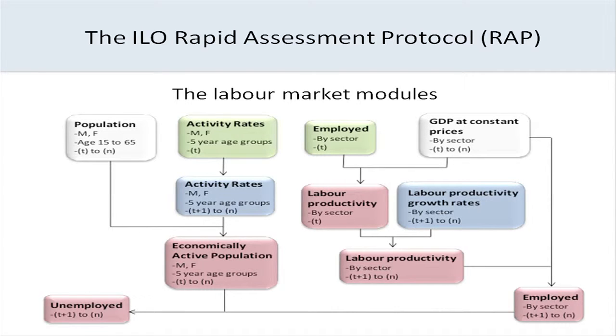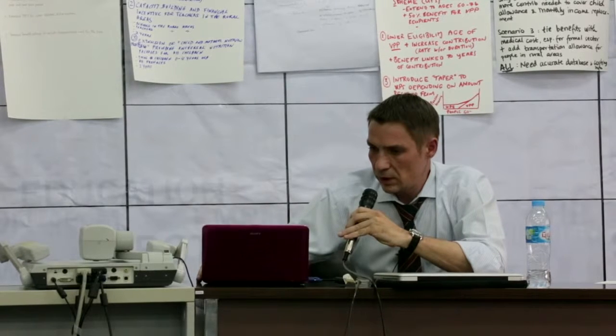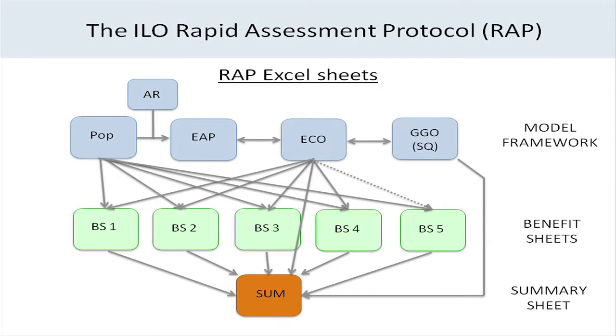Now here you can see a little bit more detail, and that's maybe the most tricky part of the modeling, how to match the labor supply and labor demand, also with the economic growth and productivity or output per worker, productivity growth rates. But I don't want to go too much into detail, so maybe let me move to this sheet here.